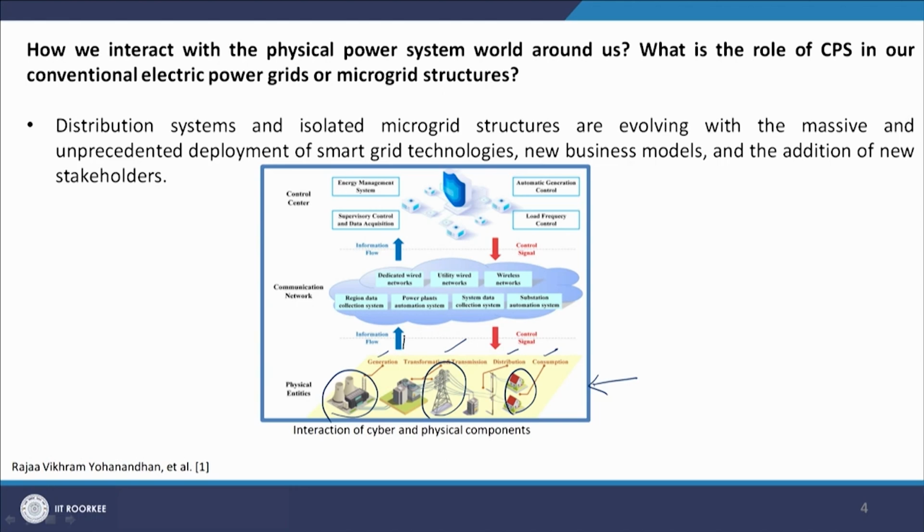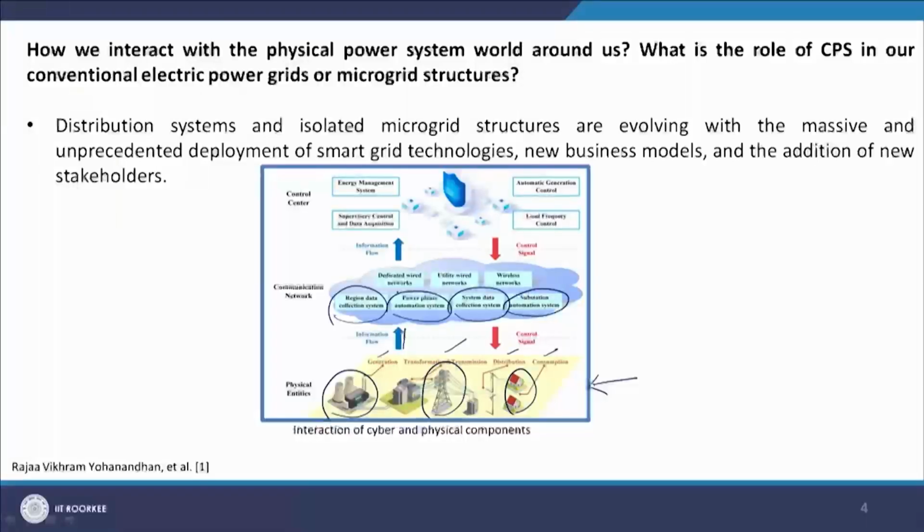Then we have to track all the information through different communication networks, for example, regional data collection systems, power plant automation systems, system data collection systems, and substation automation systems. They are the channels through which all the data belonging to the physical system moves to the next layer, either through dedicated wired networks or utility wired networks, or through wireless communication, so that all the data gets into my control center.